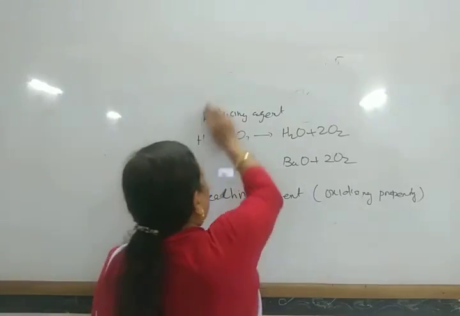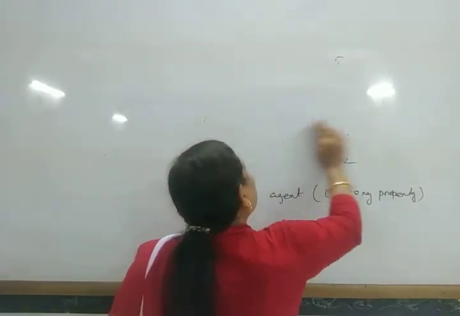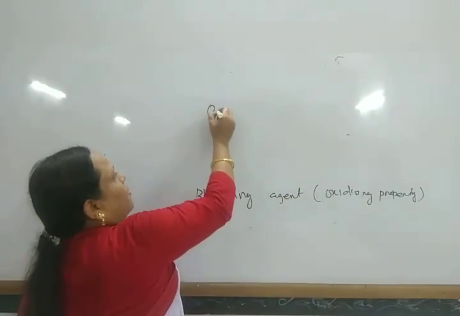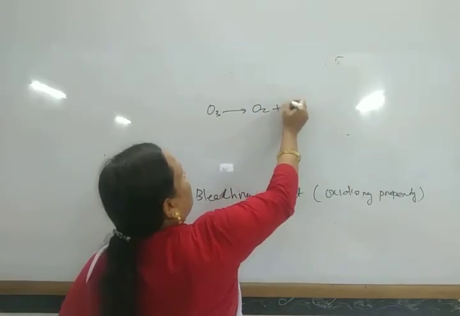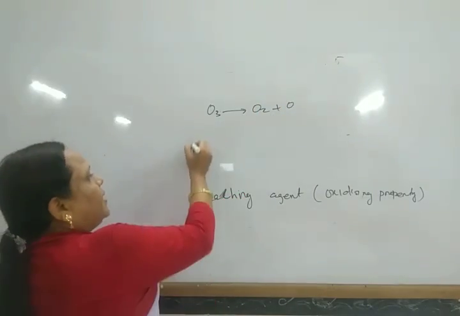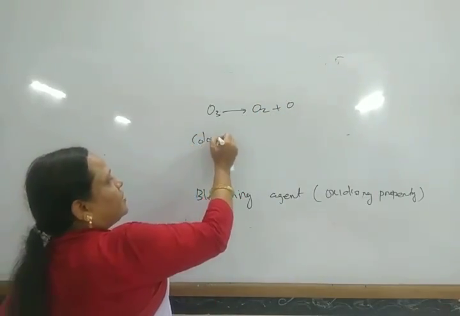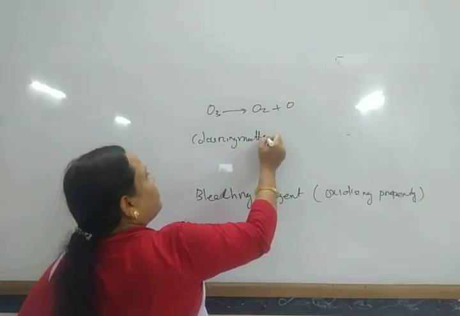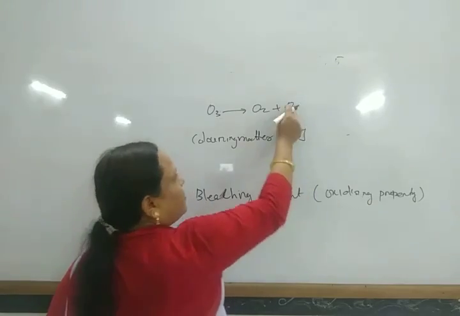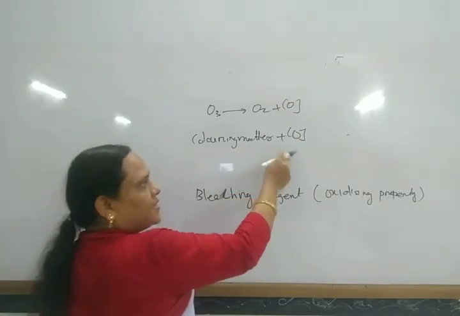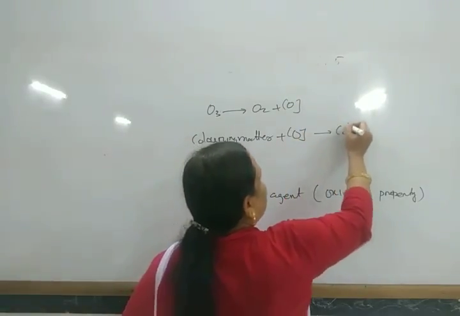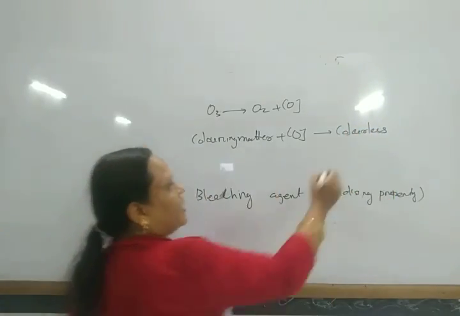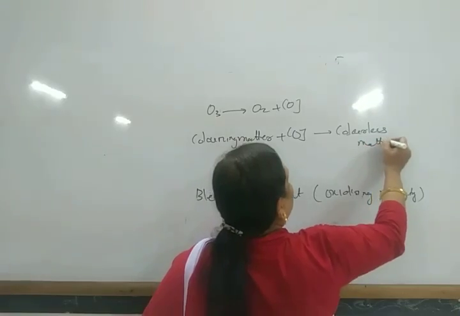Look here, O3 give rise to O2 plus O. Any coloring matter, when treated with this nascent oxygen, forms a colorless matter.